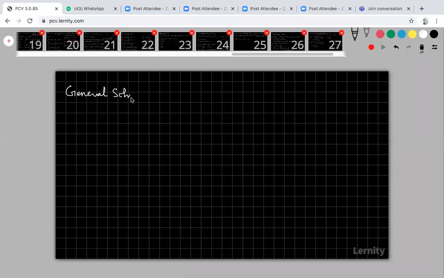General solution of trigonometric equations. First of all, try to understand this, which we have already discussed. Your sin x is equal to 0 when x is equal to n pi, where n belongs to Z. Why, sir?